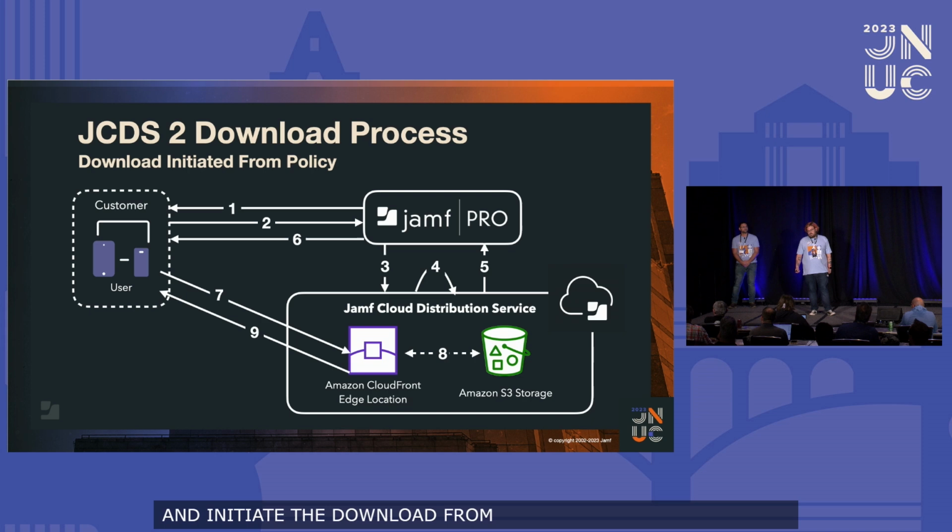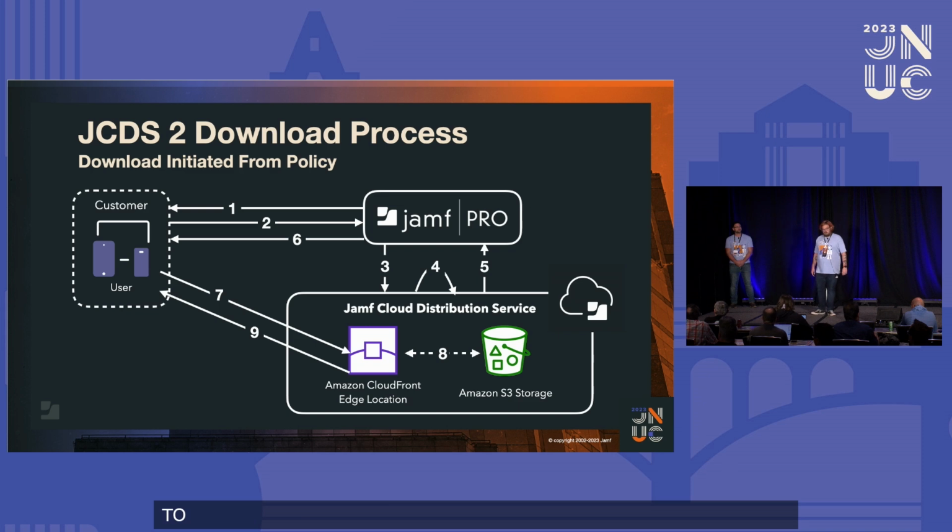Last couple steps, step eight, if this is the first download of the file or it's just no longer cached in the edge location, the file is going to need to be retrieved again from S3 and then cached. Step nine is the file's downloaded onto the end user device. Our time to live on that is going to be a 12-hour URL. And that's how that process is going to go.